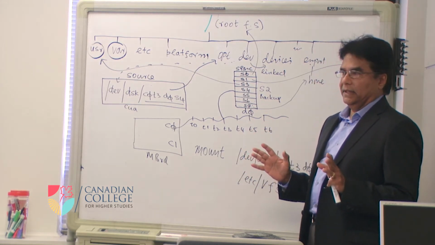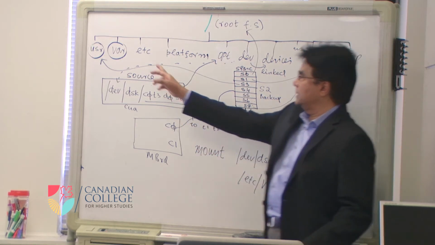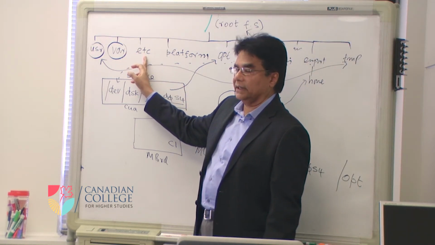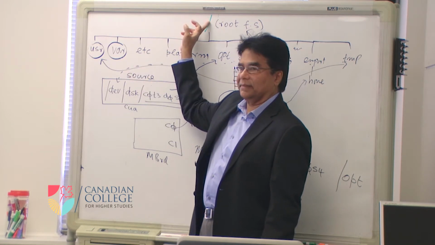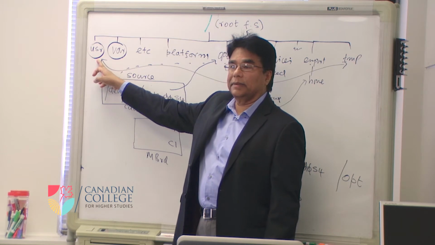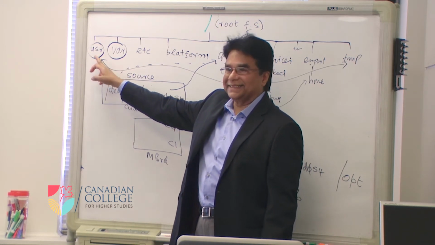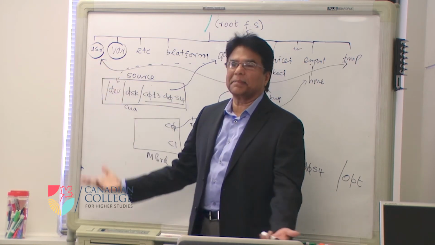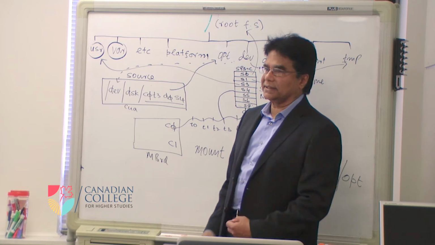If this is a directory and it is getting filled up, who will be affected? The root file system will be affected. If this is a file system and it is getting filled up, who will be affected? Only that slice will be affected. So that is the purpose of creating file systems.